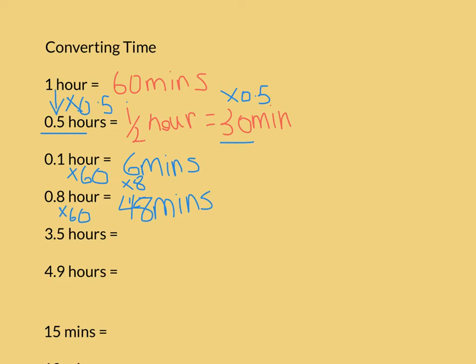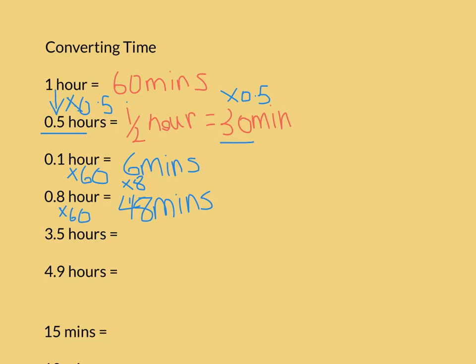3.5 hours. If I wanted this in minutes, I would have to do 3.5 times 60. It's likely, though, that a question is going to ask you to maybe add this time onto an actual time. Say, what's 3.5 hours on from 3:45 in the afternoon?